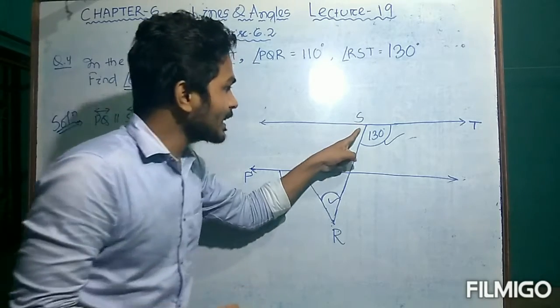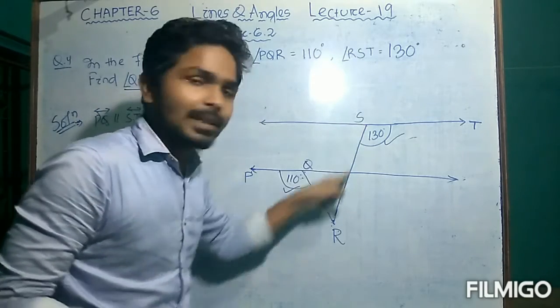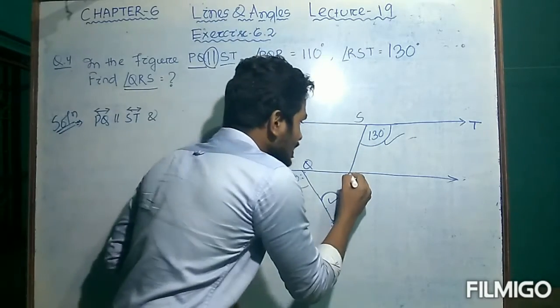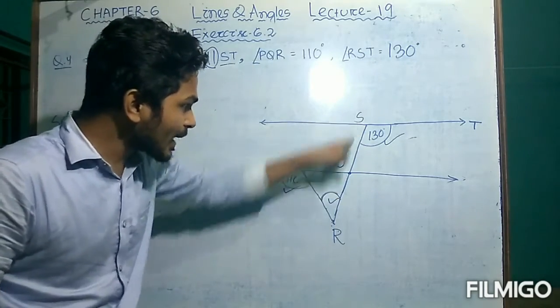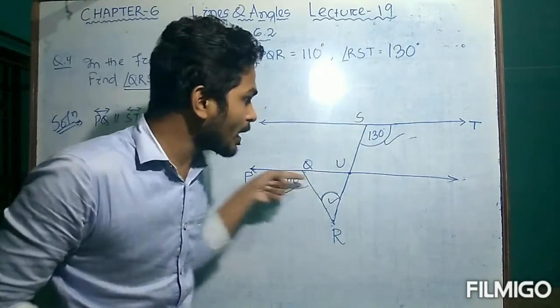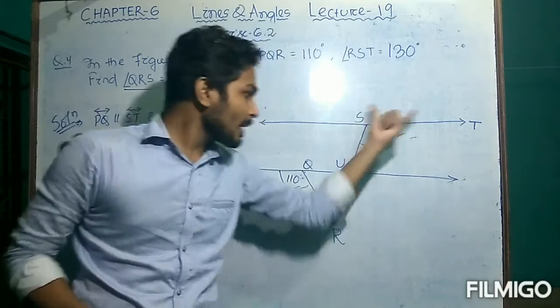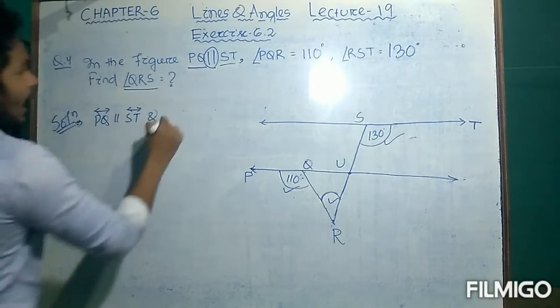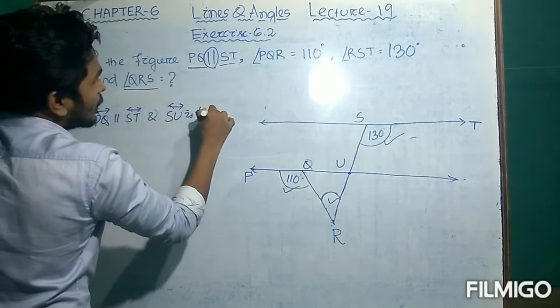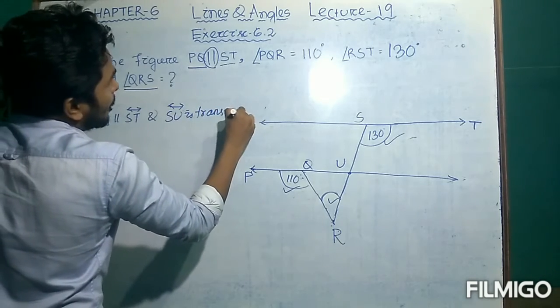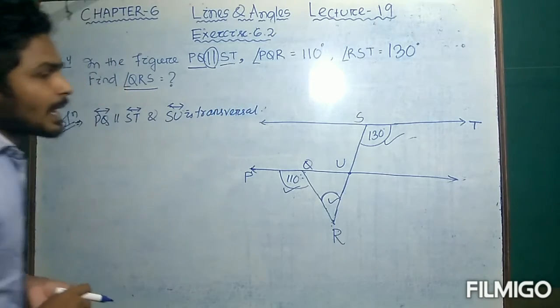and see, this is a transversal line, yes or no? Yes. Suppose this point be U. Now you can say yes, SU is a transversal line which intersects the two parallel lines PQ and ST, right? And SU is the transversal.